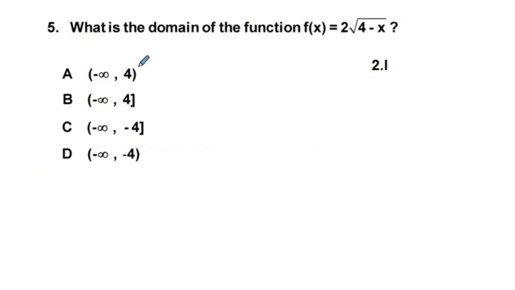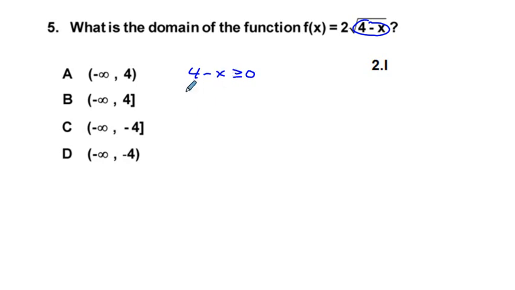Next, 5. What's the domain of the function f of x equals 2 times the square root of quantity 4 minus x? So we know that what is in the radical here, 4 minus x, has to be greater than or equal to 0. We can do this a couple of different ways.